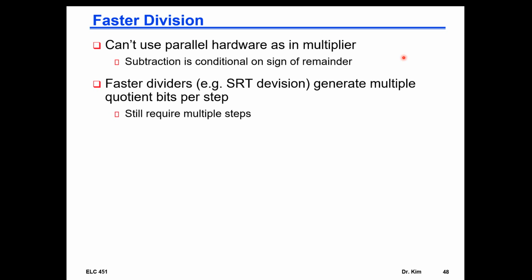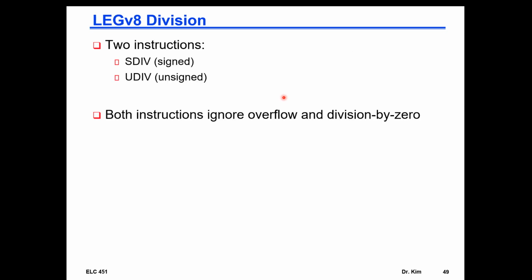Now, the other thing is that you cannot use a parallel divider like we can use parallel multipliers, because the subtractions are conditional. But they can be made faster if you generate multiple result bits per step, but it still requires multiple steps. That's something to keep in mind.